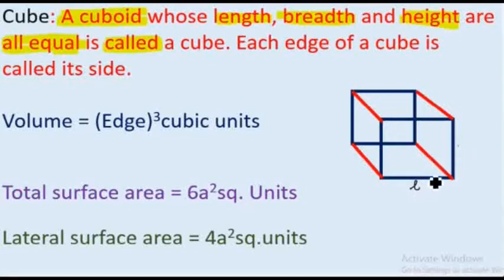So if this side is A, it means this breadth is also A and this height is also A. So all the sides are equal here. Now to find the volume of this cube, the formula is a to the power 3.